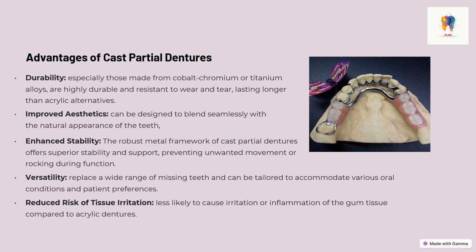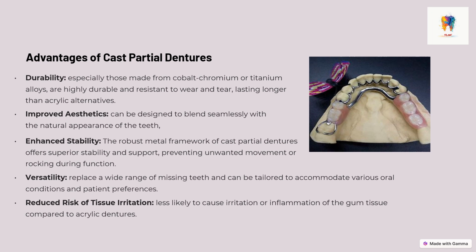Enhanced stability: the robust metal framework of cast partial dentures offers superior stability and support, preventing unwanted movements or rocking during function. Versatility: replaces a wide range of missing teeth and can be tailored to accommodate various oral conditions and patient preferences.